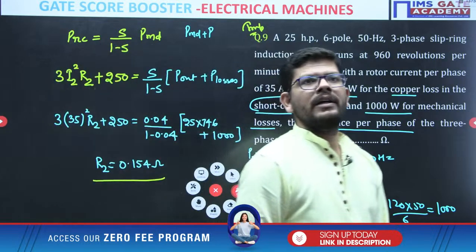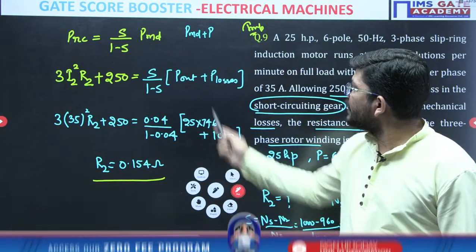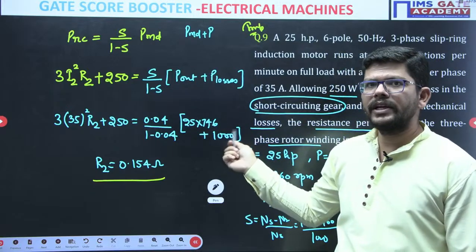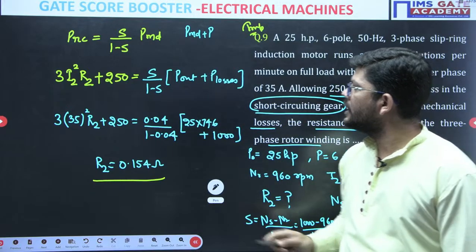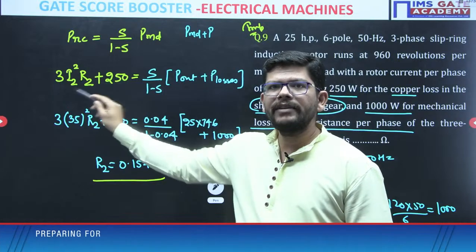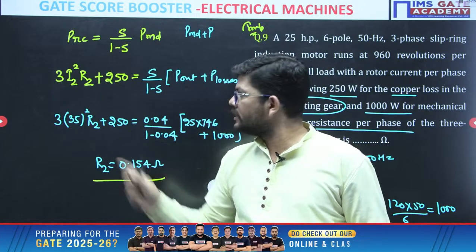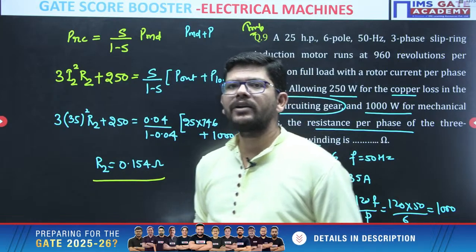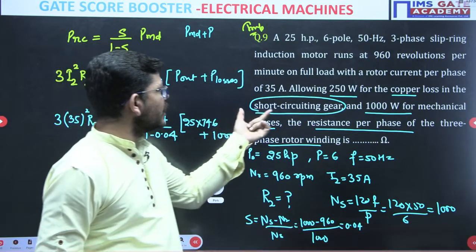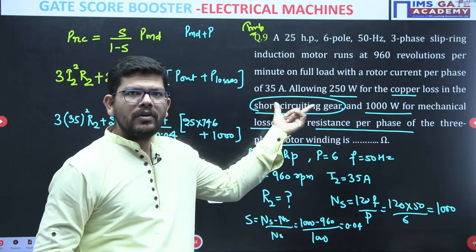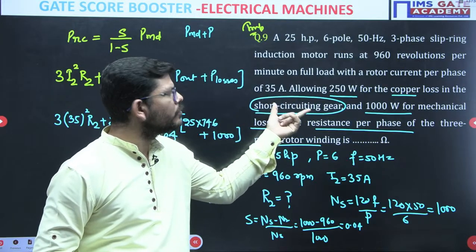Got it? So you might have calculated PMD with P output plus P losses, but you might be having one difference here. Copper losses occurring in the resistance are normally given by 3 I2 square R2, but they have given one additional data, that copper losses occurring in the short circuiting gear is 250 watt.